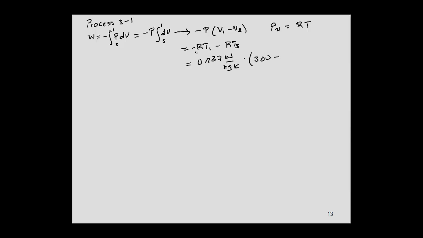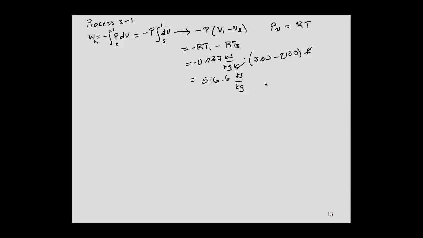Sorry, we have the minus sign here, minus sign here, minus 2100 Kelvin. So our Kelvin cancel, and at the end we will have 516.6 kilojoules per kilogram. Notice that it's positive, and that's consistent that this is working.